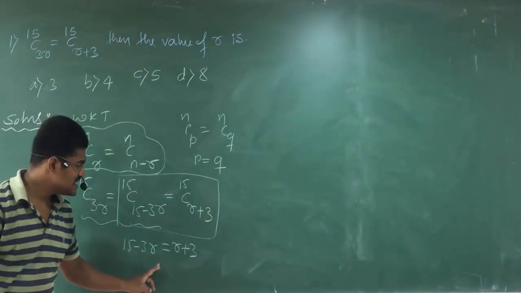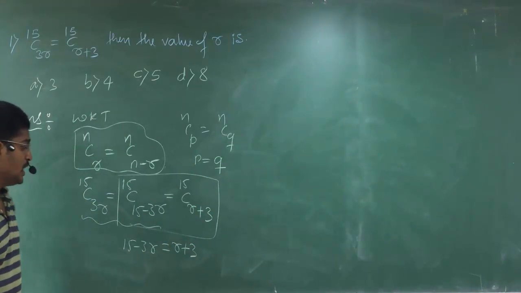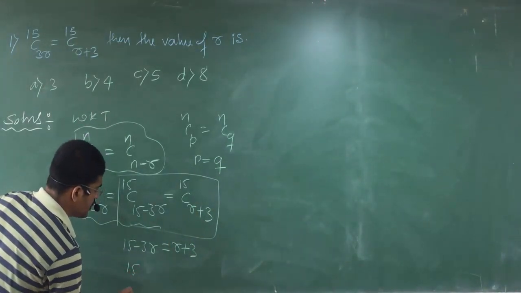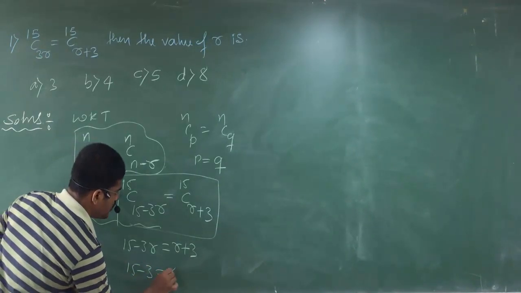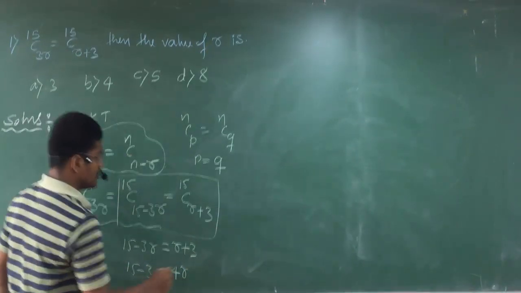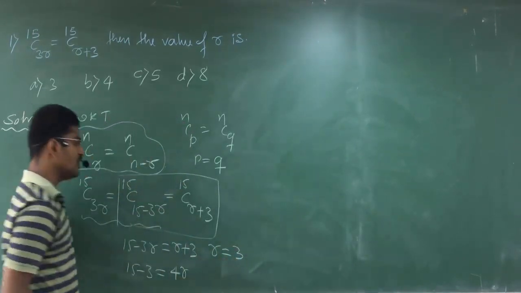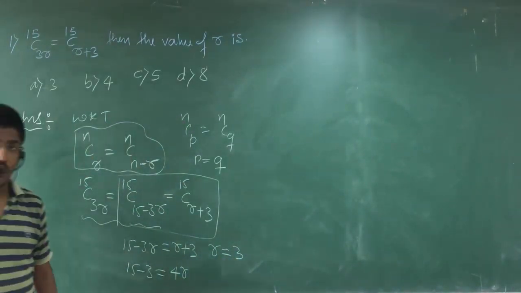So 15-3r equal to r+3. Therefore 15-3 equal to 4r. Therefore r will be equal to 3.